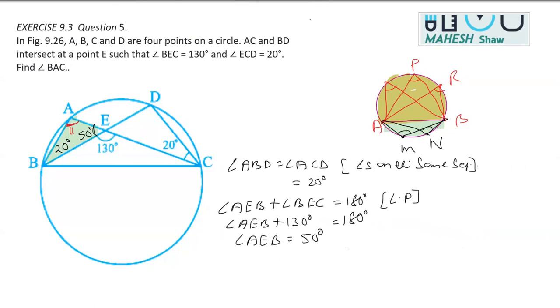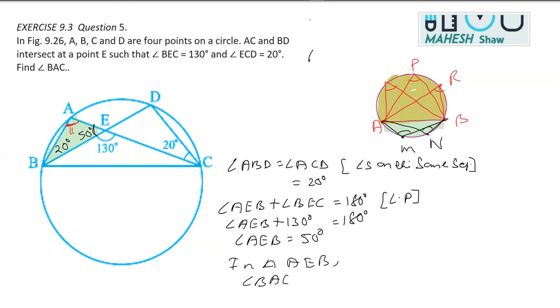Now, in order to get the third angle, or the required angle, we'll consider a triangle, and the triangle considered here will be AEB. So in triangle AEB, we know that the sum of three angles is 180 degrees. That's the angle sum property.